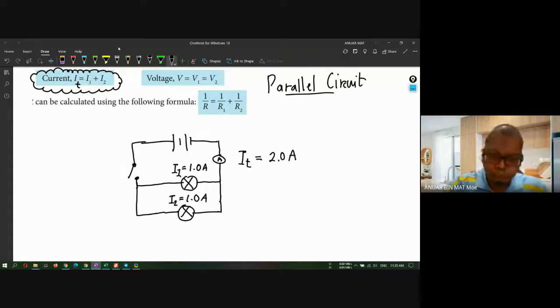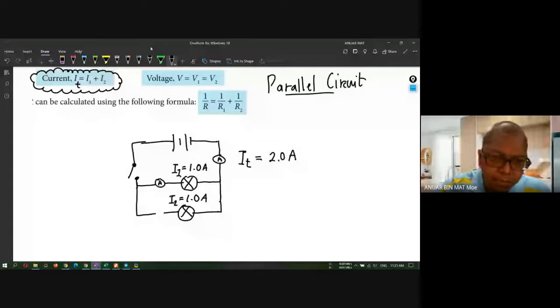Can, class? Okay. So if I draw the ammeter here, this is another ammeter, and then this is another ammeter here.